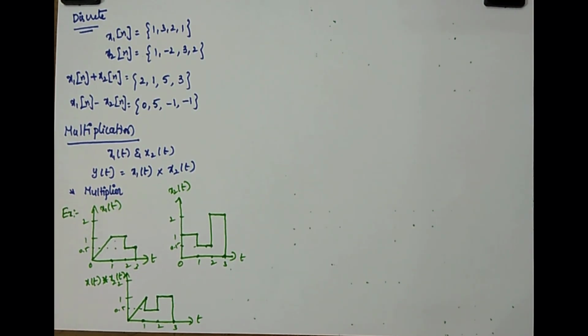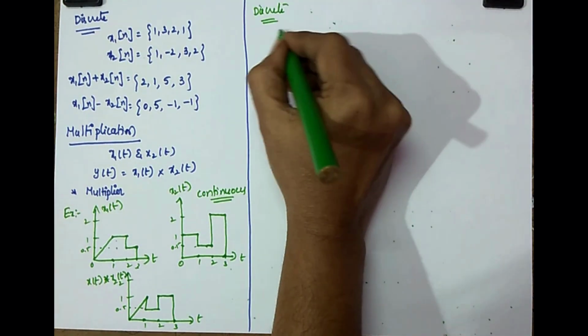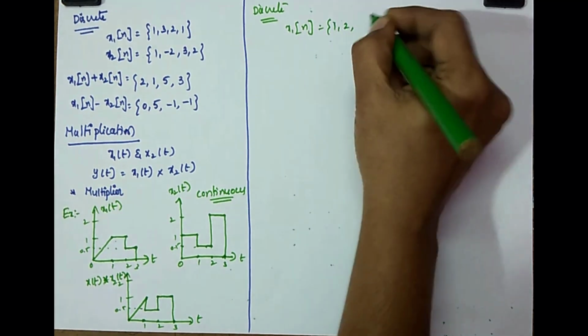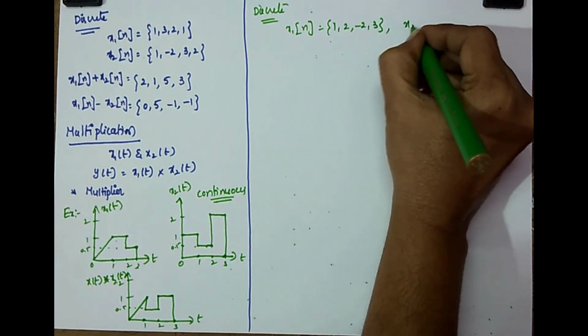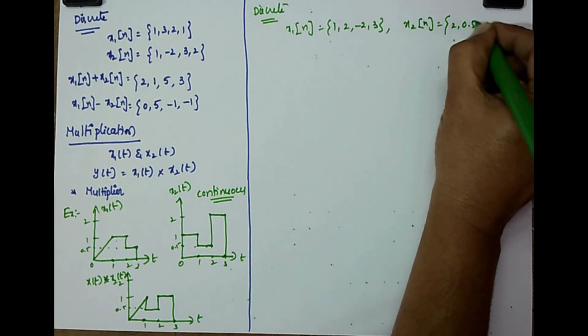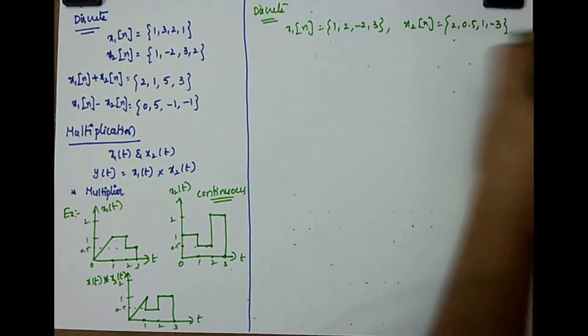So let me take one example for discrete also. Let x1 of n be 1, 2, minus 2, 3, and x2 of n be 2, 0.5, 1, minus 3.